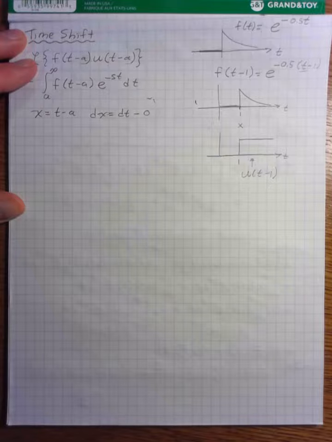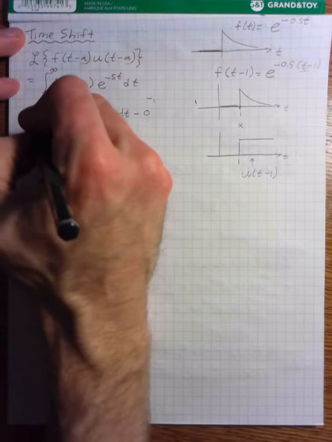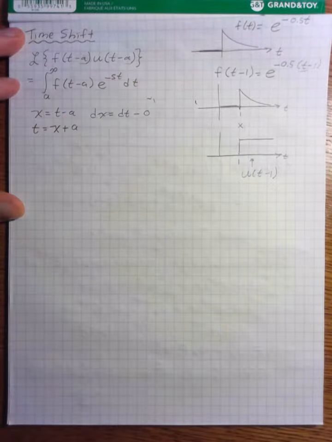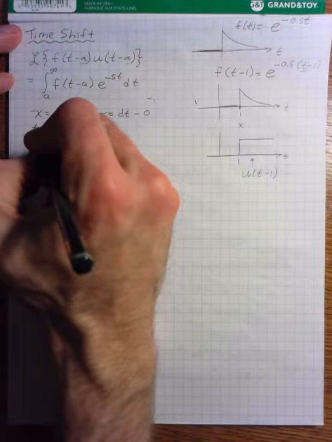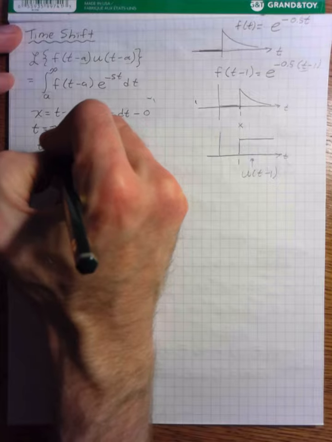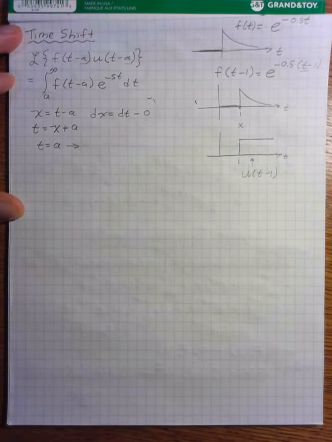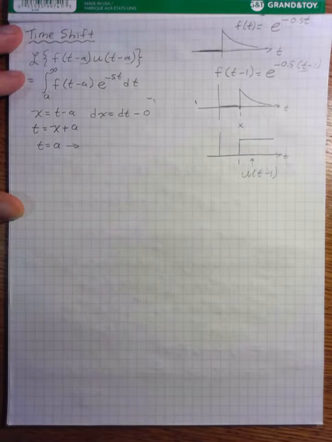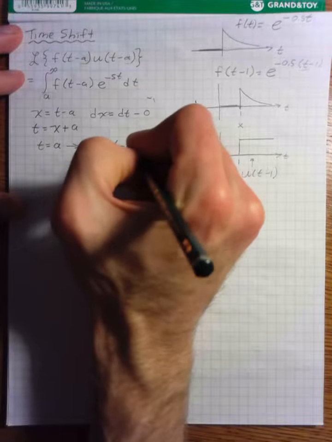And we then need to translate our variables of integration. So we know if x is equal to t minus a, t is equal to, obviously, x plus a. And so for our variables of integration, if we're starting our integral at t is equal to a, that means that once we transform over into integrating with respect to x, x is equal to t minus a.